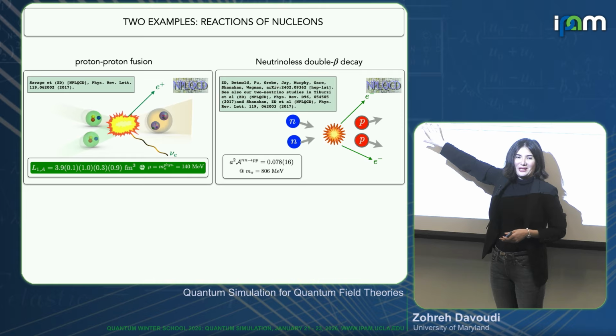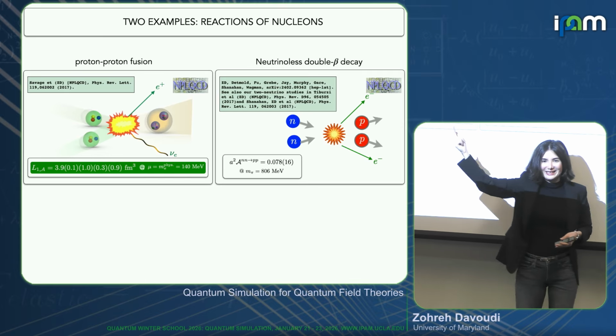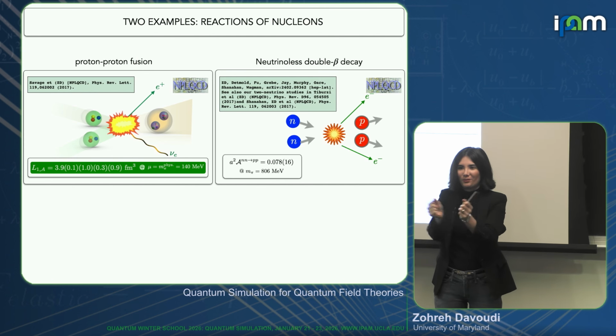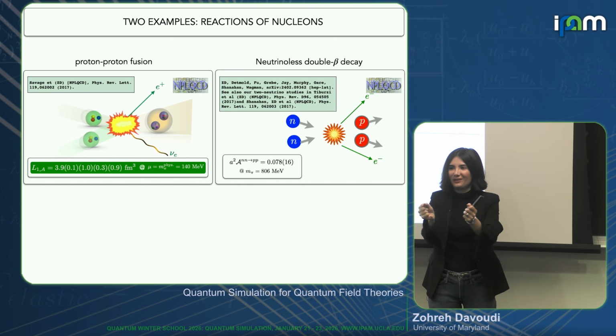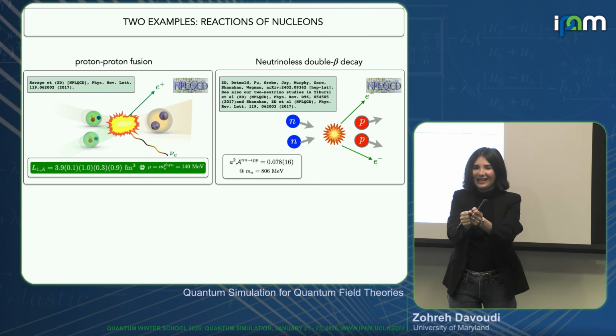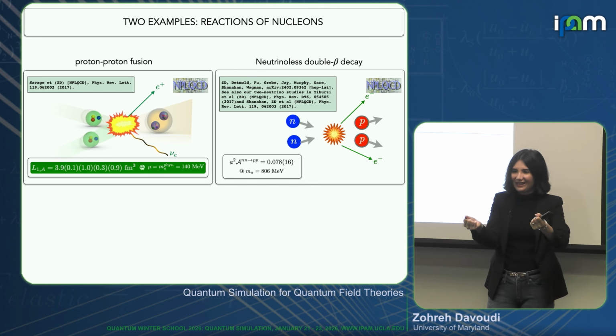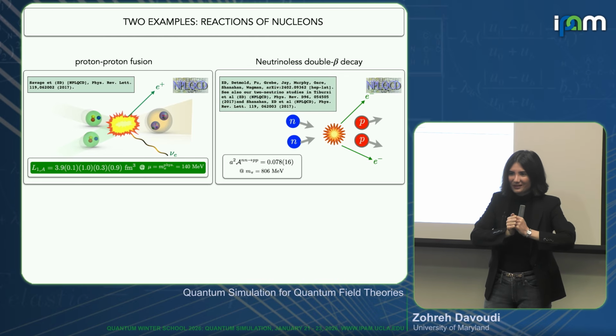Because we can't really do experiments to get this. It's very low energy. It's a weak process. You can't really put these protons with a Coulomb barrier close to each other at very low energies and then measure their cross-section. It's almost impossible in an experiment.